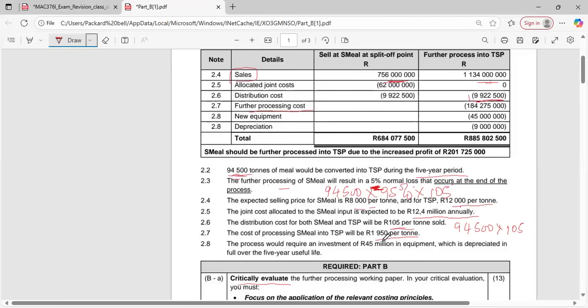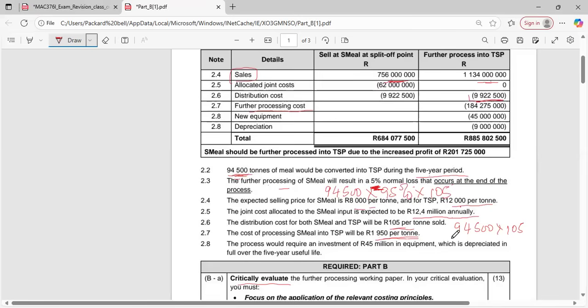No, because when we put it into the process, it's still 94,500. We only deduct the normal loss when we want to use the figure after the process. So here we're going to say 1,950 times 94,500. Because this 94,500 is what we put into the process, which means it's at this cost per ton.